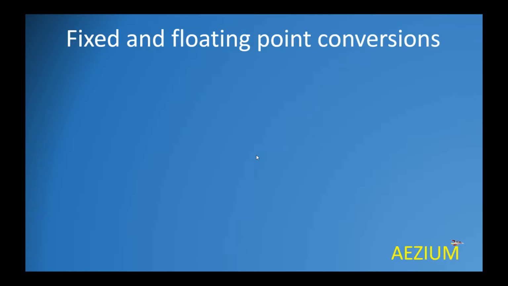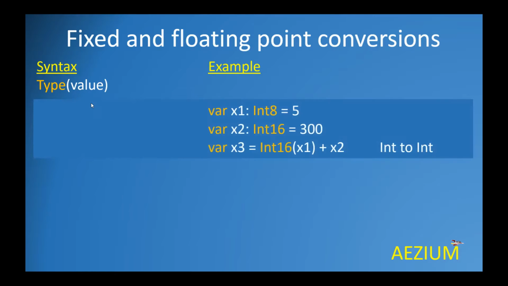So the way to do that is just following this syntax, where we have the type, which is the data type that we wish to convert to, followed by parentheses, and within parentheses we have the value that we want to convert. An example here is where we have x1 declared as a variable of type Int8, and then we have x2, a variable of type Int16.